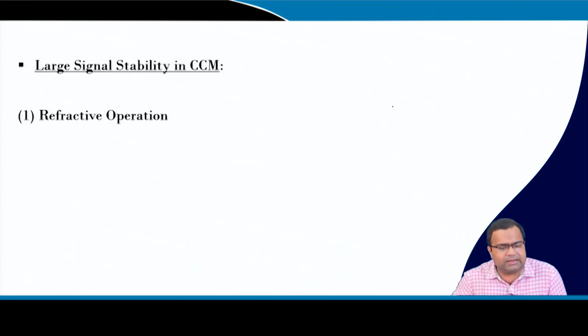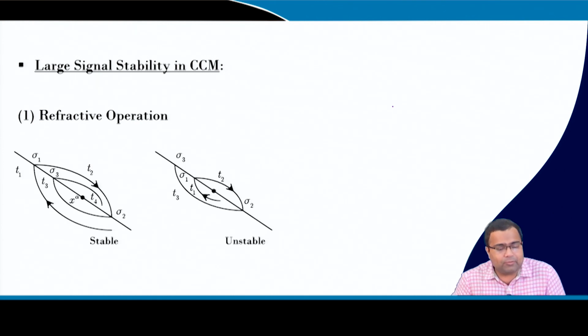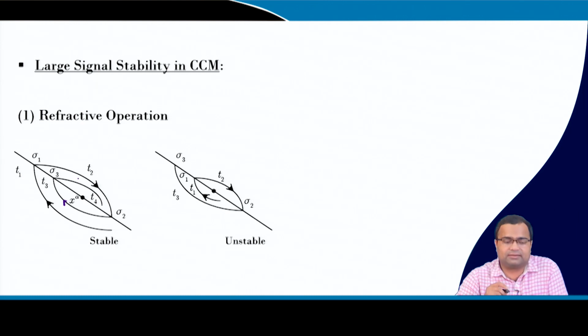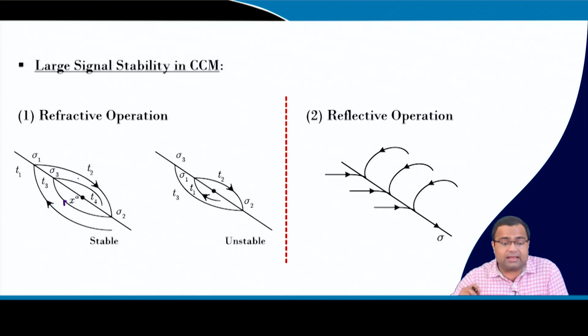So, for large signal stability, in the refractive region it is stable, but it will take overshoot, undershoot, and more cycles, and it is unstable in the rejective region.